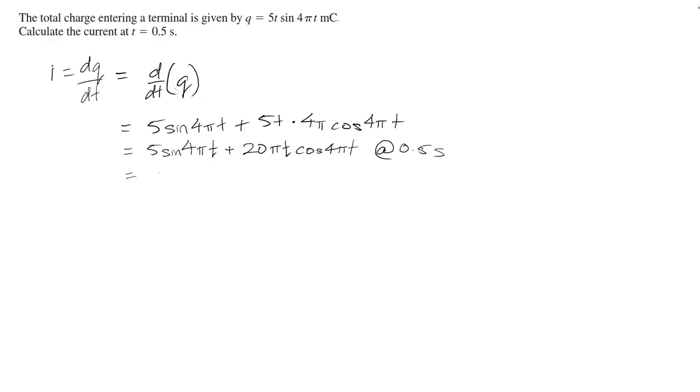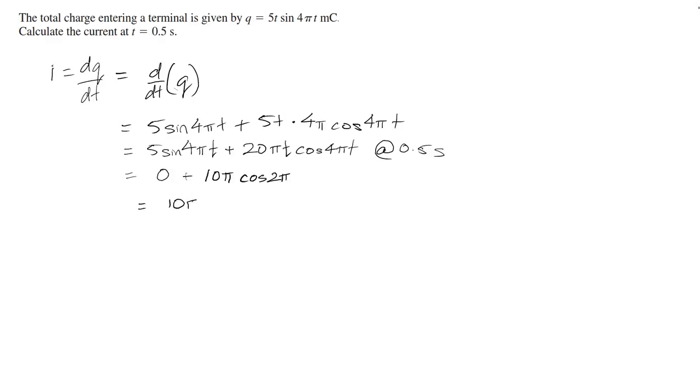We get 5 sin 2 pi, which is simply 0, plus half of 20 pi, which is 10 pi, multiplied by cos 4 pi t, which becomes cos 2 pi since t is half.